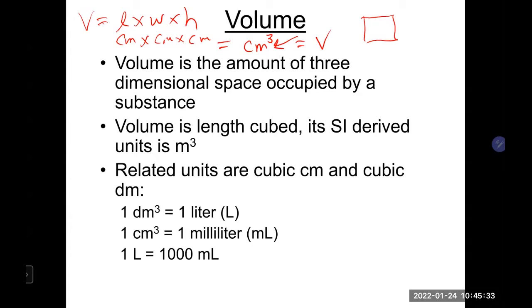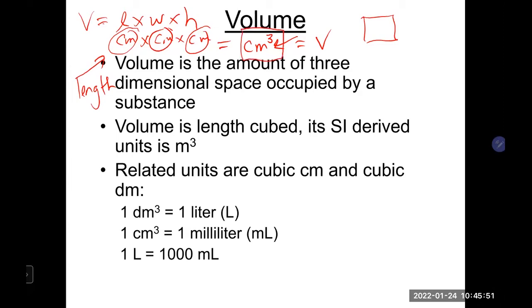We oftentimes can find something like the volume of a cube that way by taking the length times the width times the height. Each of these measurements are length measurements, but multiplying them together does give us a volume measurement.